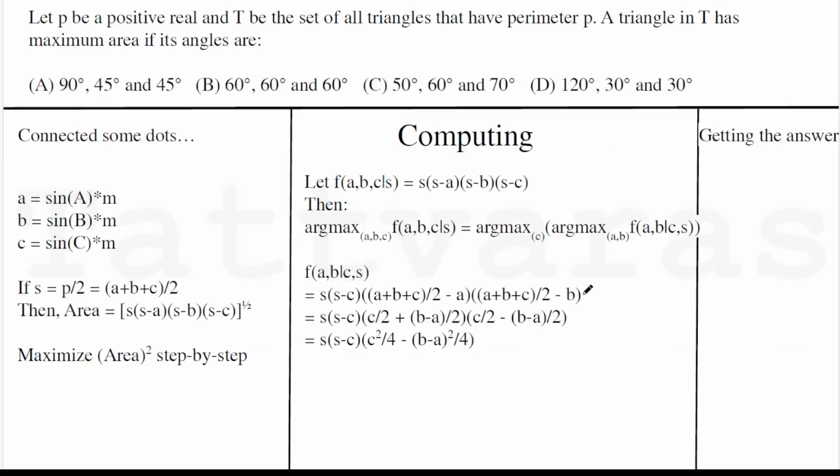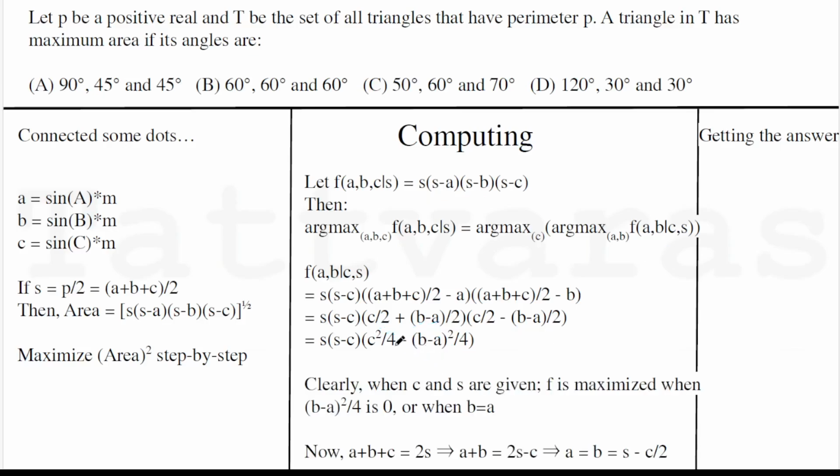Now, working on this function, we have to do some minor algebra, and we would be focusing on areas where a and b are involved, obviously. And we see that there is this x plus y and x minus y structure, which we can write as x squared minus y squared.